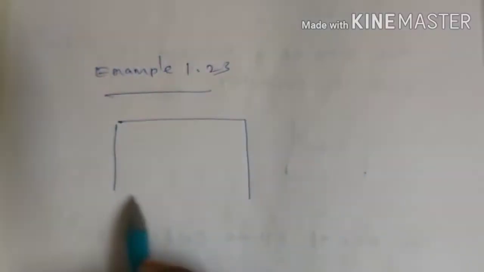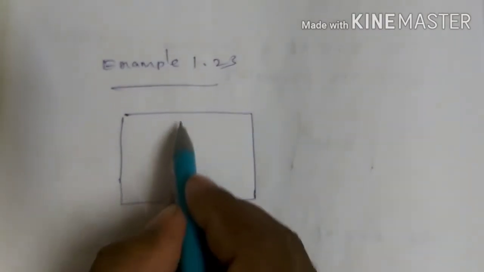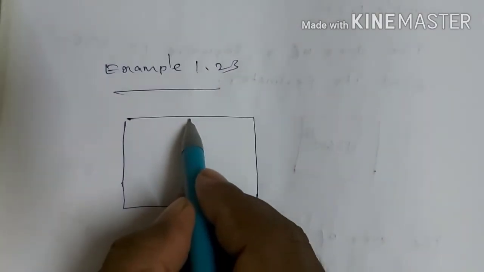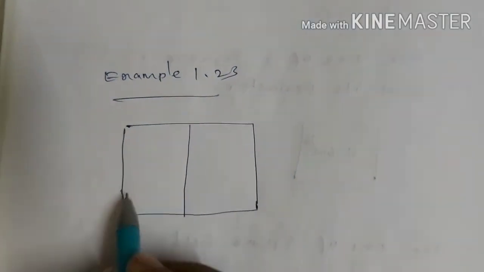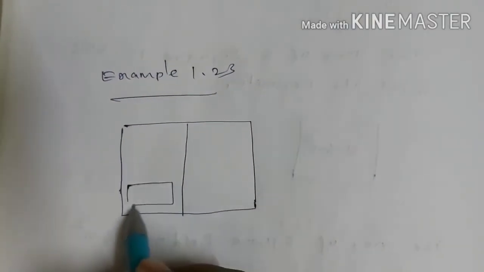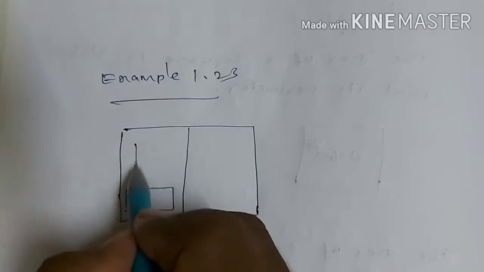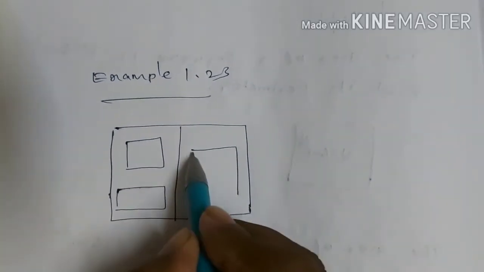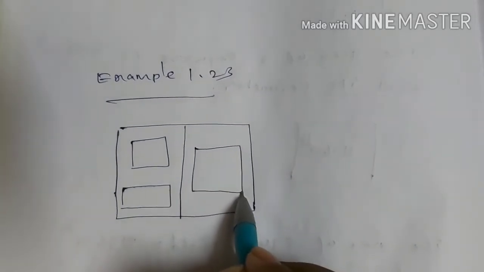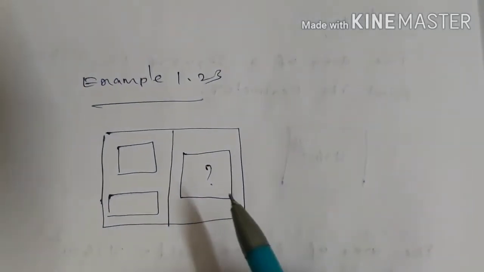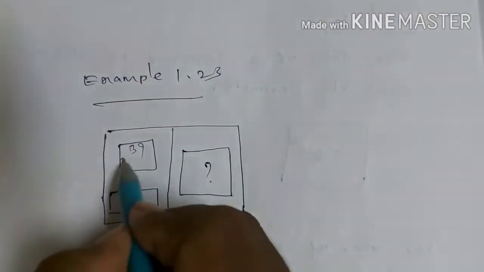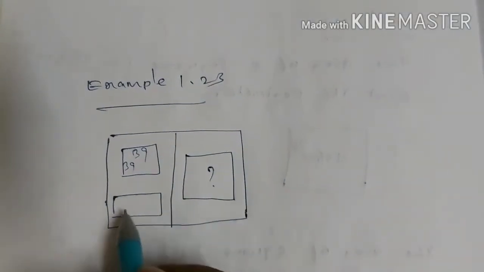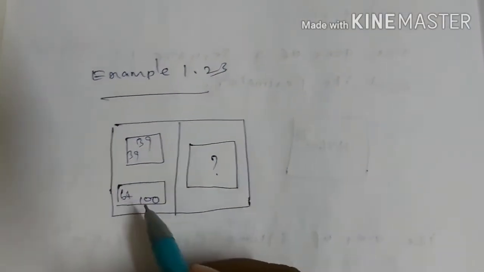What is the length of the side of this new flat? So one square flat and one rectangular flat, in exchange one square flat only. This is the question. So first one 39 meter, second one 100 and 64 meter.